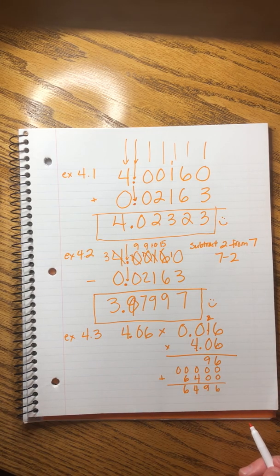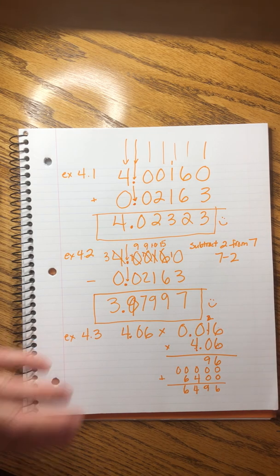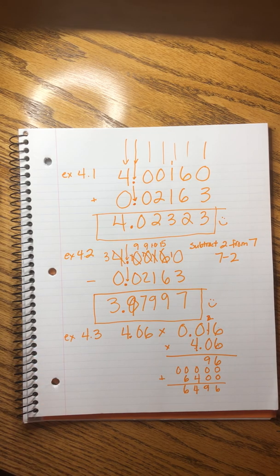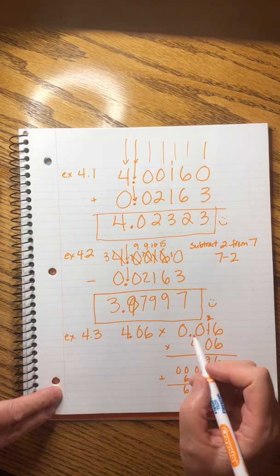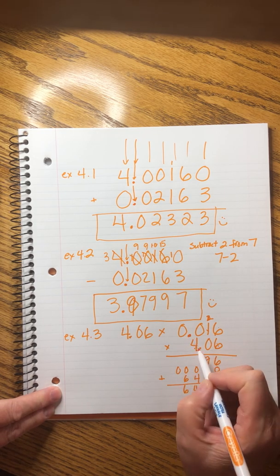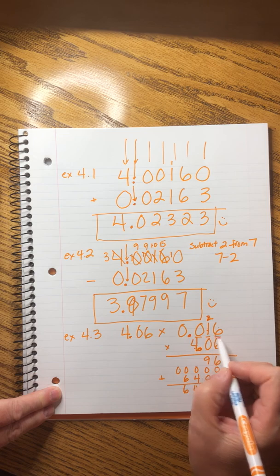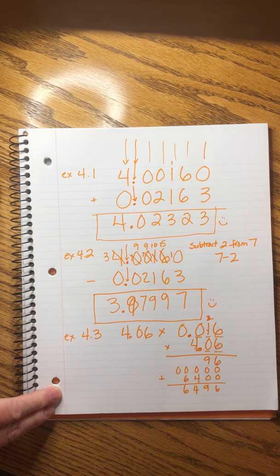All right, here is what we do now at the end of the multiplication problem with decimals. We go back to our factors and we count how many digits were behind decimals in the first place. There's one decimal, there's the other decimal. 1, 2, 3, 4, 5.